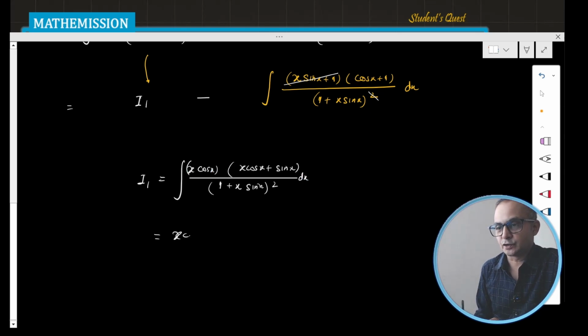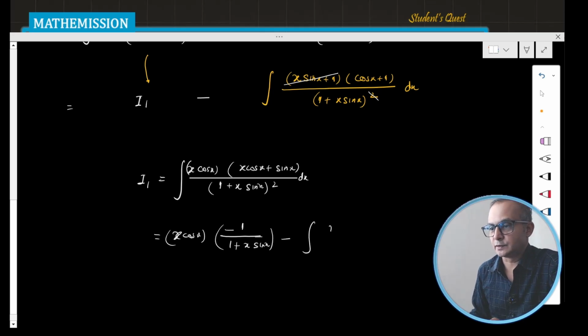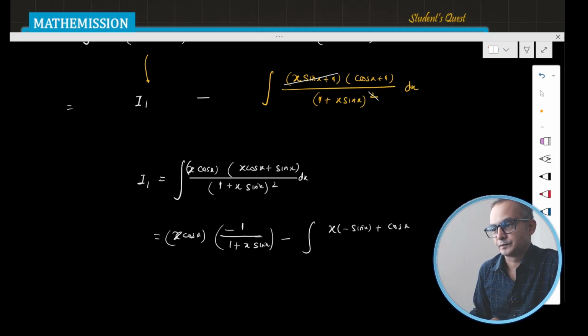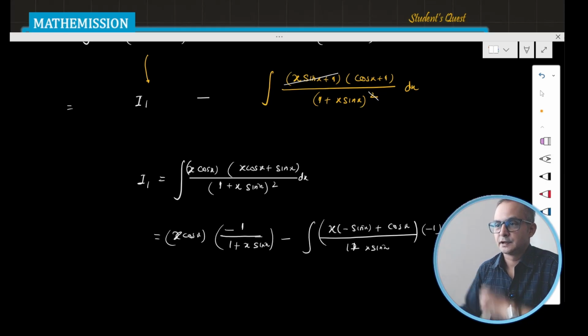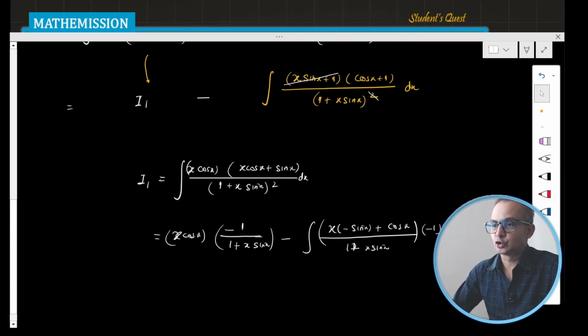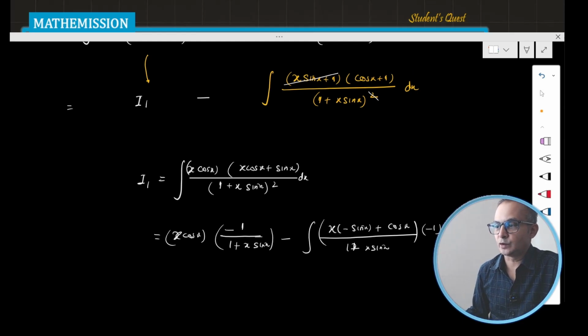So what I can write is x cos x, and its derivative is there, so that can be directly written as negative of 1 by u, that is 1 plus x sin x. And minus, we are going to write the derivative of this, so it will be x into minus sin x plus cos x. And again, this is going to be with a minus sign, and then 1 plus x sin x and dx.